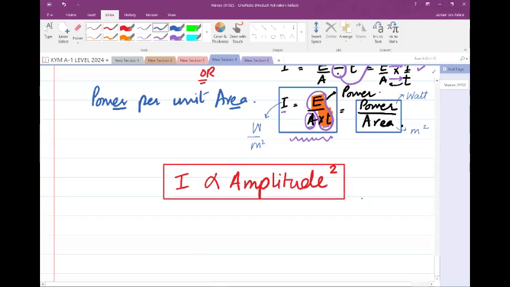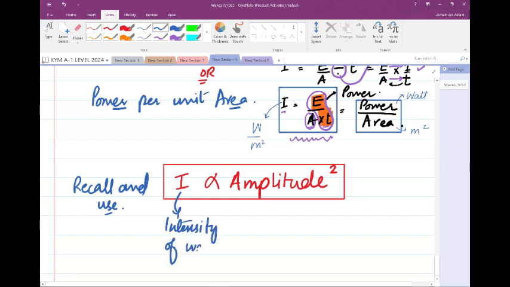In our syllabus, they just ask you to recall and use. So you can just memorize this as a fact, that the intensity of a wave will be dependent on its amplitude raised to a power of 2. There are some things that we observed and then we make them as laws. So this is one of those things that is purely based on observation.